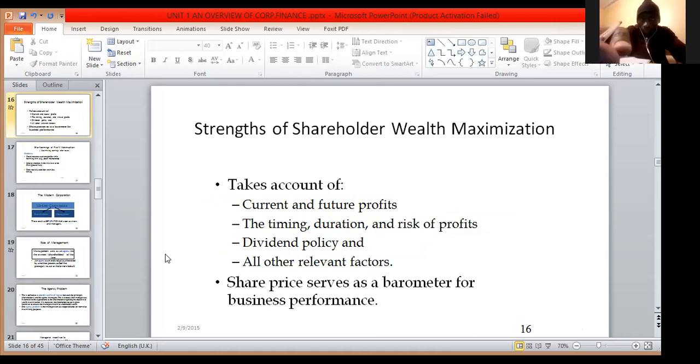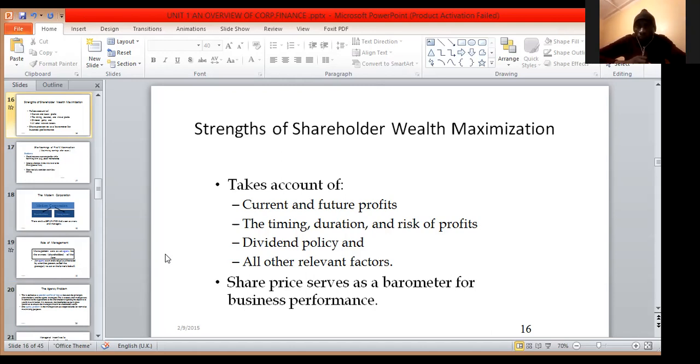The moment you look at how much the share price is today and how much it was yesterday, you are able to know how much profit you have made. You look at the timing, duration, and risk of the profits. You are able to measure the timing and the duration. You are also able to see the dividend policy. What dividend policies are available in this business? You are also able to see other relevant factors.